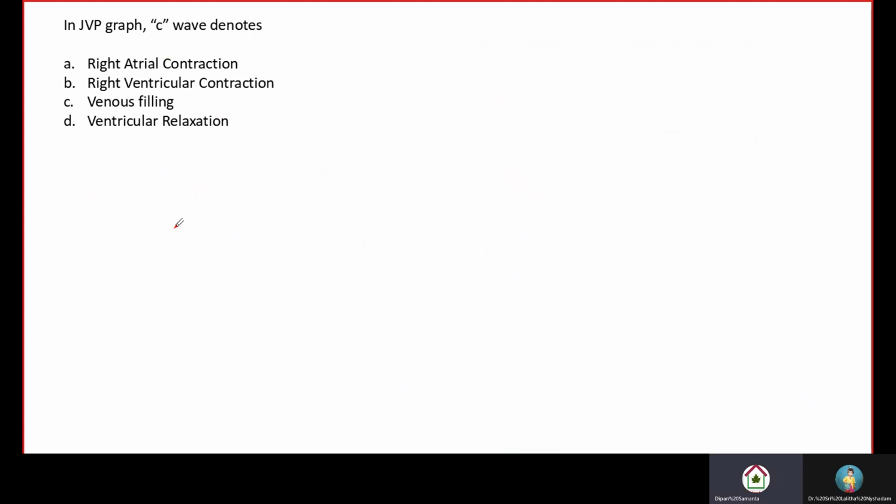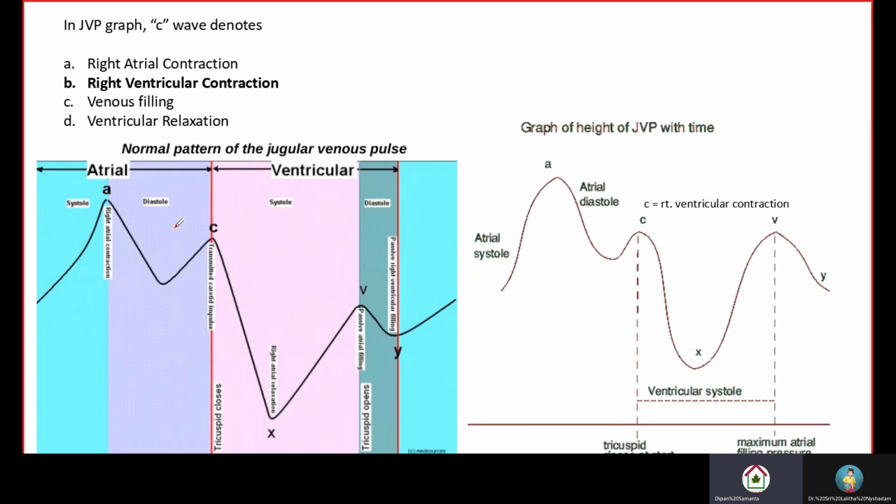In JVP, what does the C wave denote? Very important. JVP means jugular venous pressure, the pressure of the jugular vein.